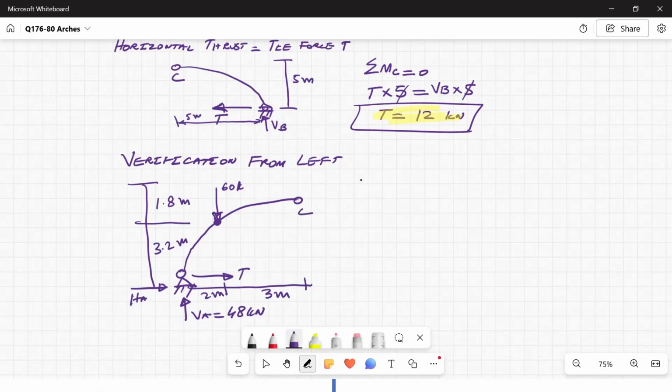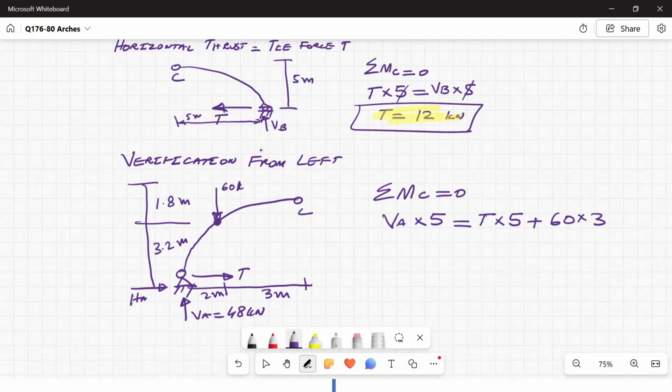This is point C. So summation of moment at C is equal to 0. We will say that clockwise moment is equal to anti-clockwise moment. So VA times 5 is equal to T times 5, which is creating anti-clockwise moment, plus 60 times 3, which is creating anti-clockwise moment.